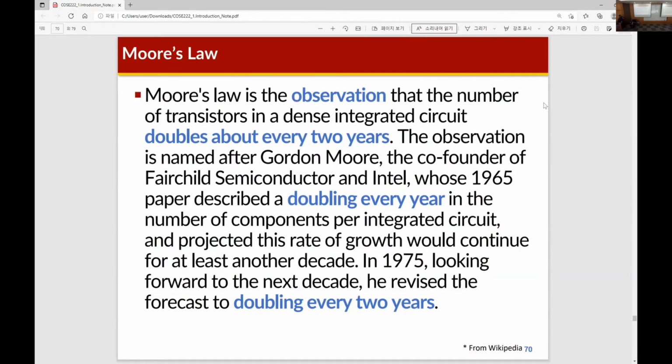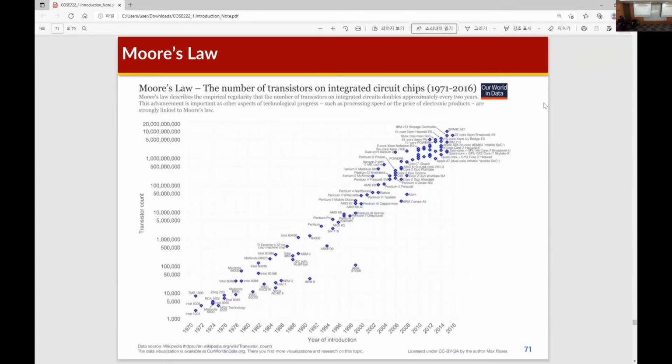So this is the definition of Moore's law in Wikipedia. As you can see in this graph, the commodity CPU chips follow the trend of Moore's law. The y-axis is the number of transistors, and the x-axis is the year, the time.